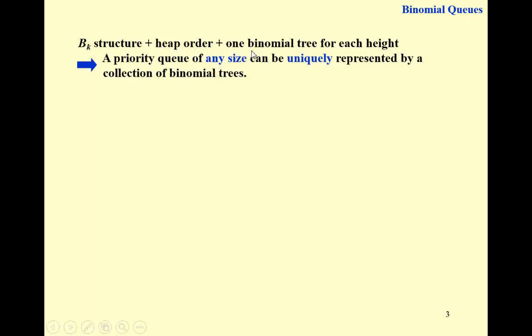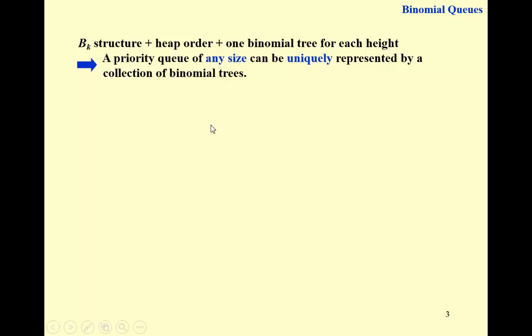Plus, it is restricted that there must be at most one binomial tree for each height. Okay, put all these three properties together, we conclude that a priority queue of any size can be uniquely represented by a collection of binomial trees.